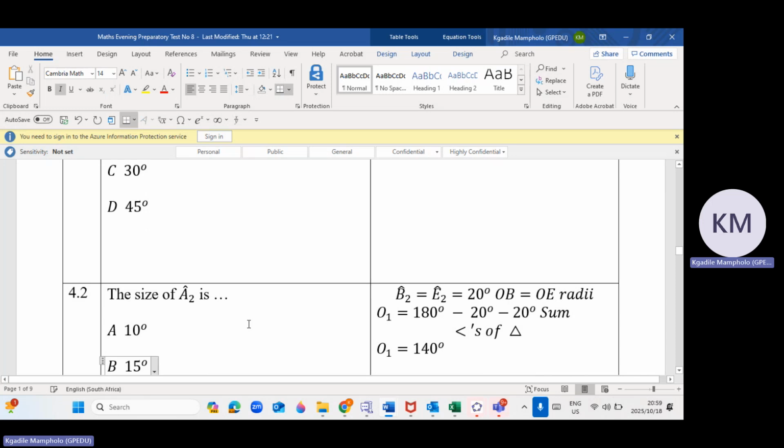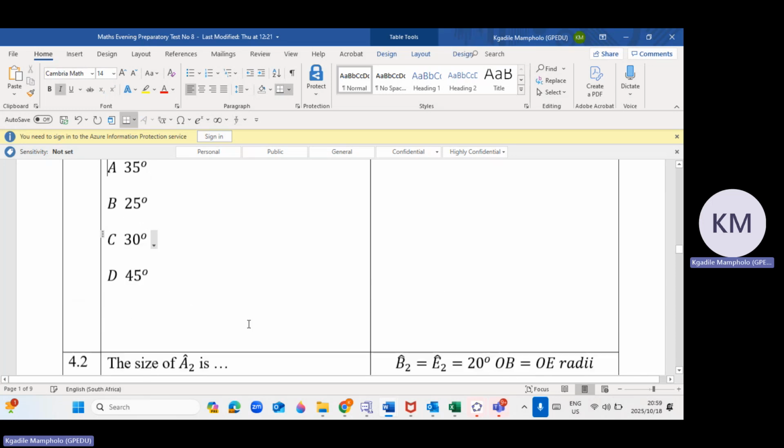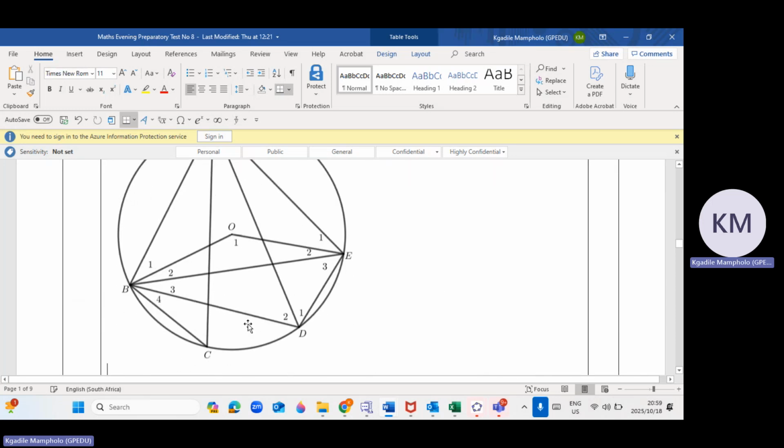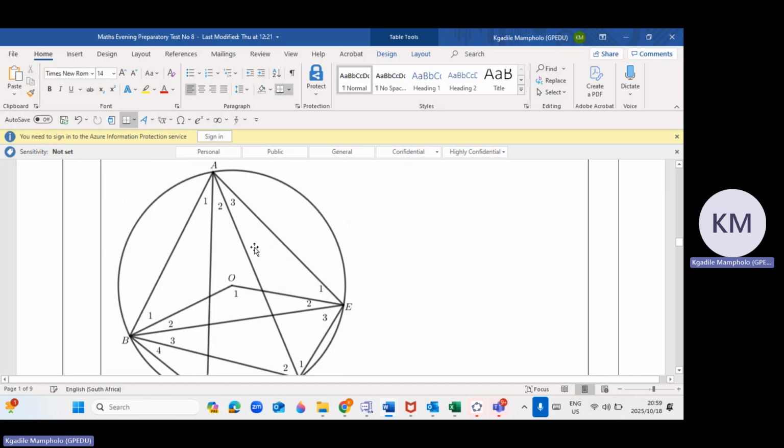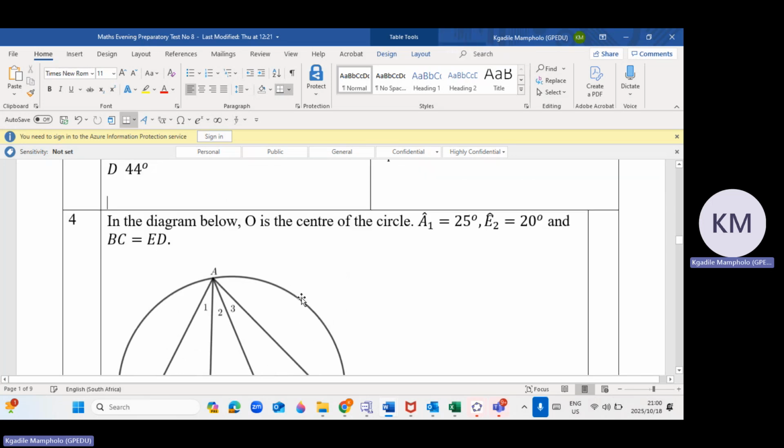Number 2, find the size of A2. Finding the size of A2, we know that O1 is equal to 2 times the whole of this angle. But now we're given E2 as 20 degrees.